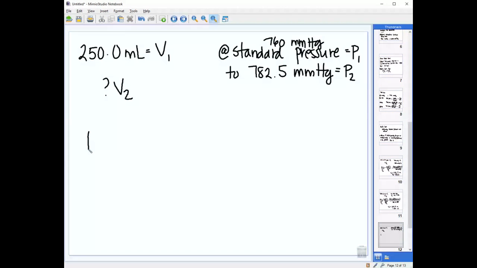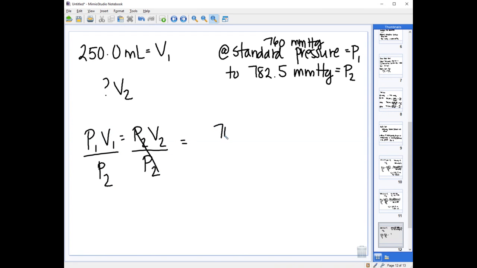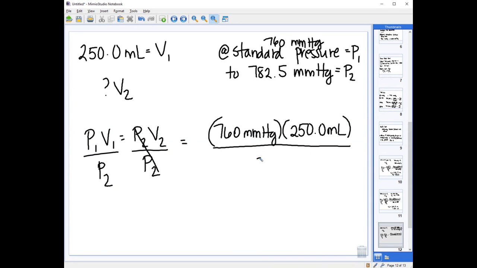Okay, so I write my equation and get V2 by itself. So I'm going to say 760 millimeters of mercury times 250.0 milliliters divided by 782.5 millimeters of mercury.